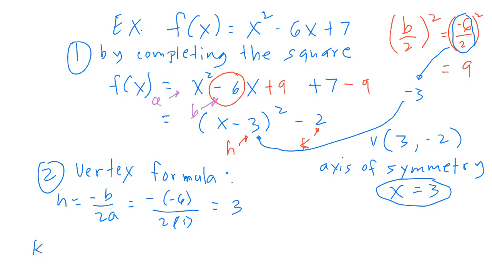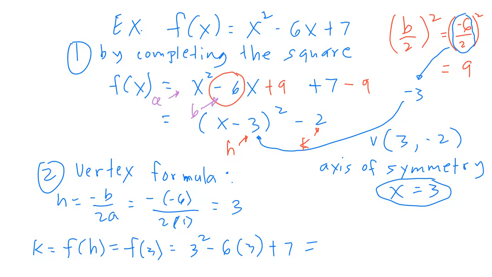For k, that would be f of h. So that would be f of 3. So f of 3, that would be the value for x is 3. You plug that into the f of x. So you will have 3 to the power of 2 minus 6 times 3 plus 7. And you will get 3 times 3 is 9.